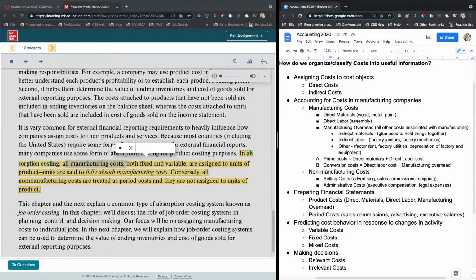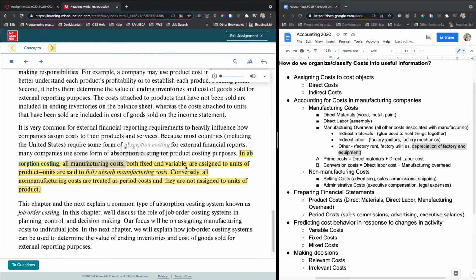Are these mixtures: indirect labor, other, factory rent? Yeah, I think that should be factory actually. This is a fixed cost. These are fixed costs. Are assigned to units of product. Units are said to fully absorb manufacturing costs. Conversely, all non-manufacturing costs, which are selling costs and administrative costs, are treated as period costs as they are not assigned to units of product.